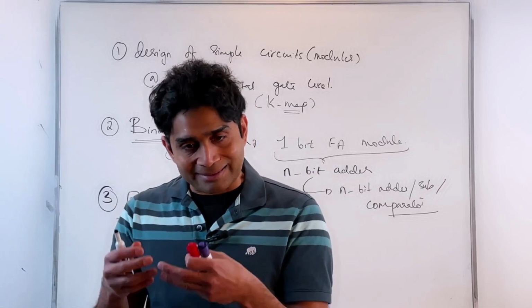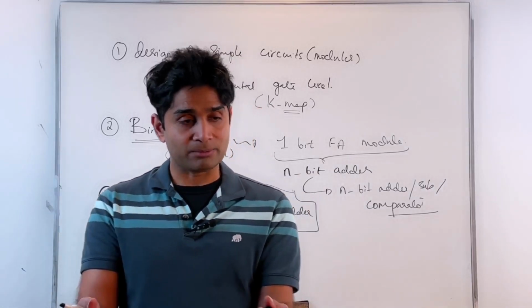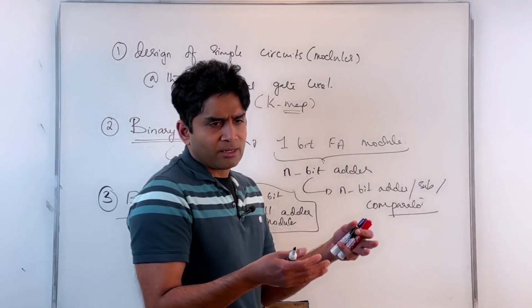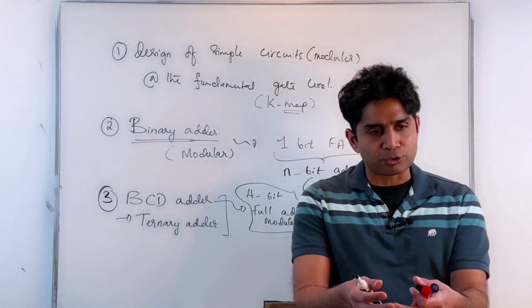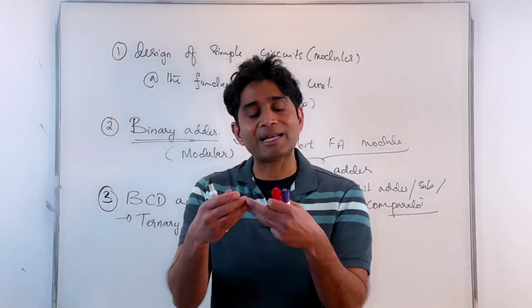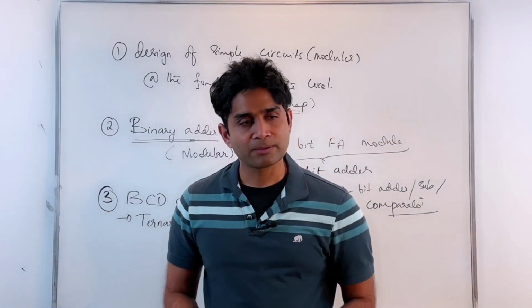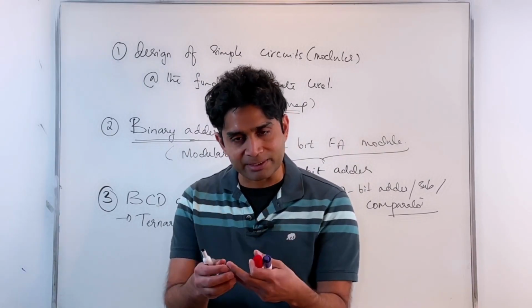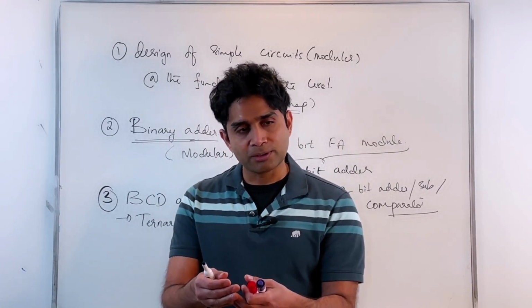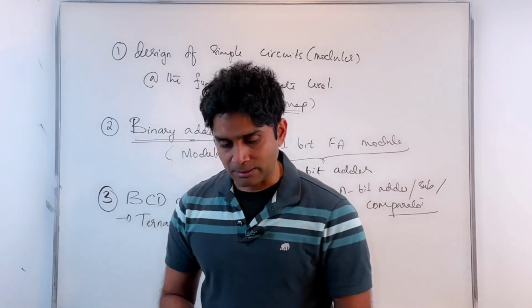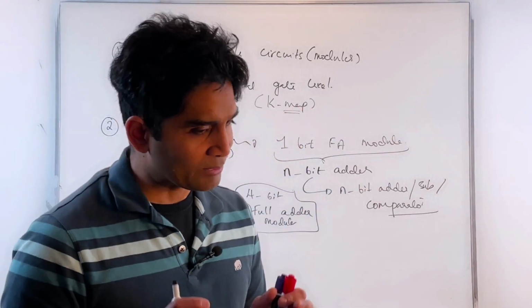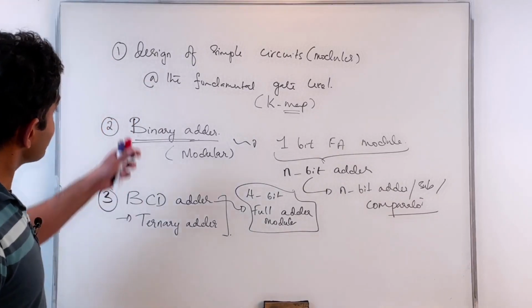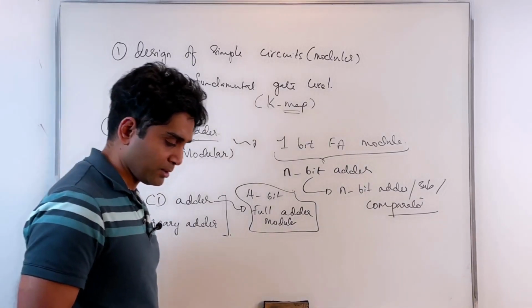You're not directly accessing the gates, right? When we are dealing with the BCD adder, you're not accessing the gates within the module, but you're obtaining the gate level functionality from the modules, by cleverly designing your function, by cleverly mapping your function on an existing module. I hope that makes sense. All right, so these are the three approaches that we have taken.